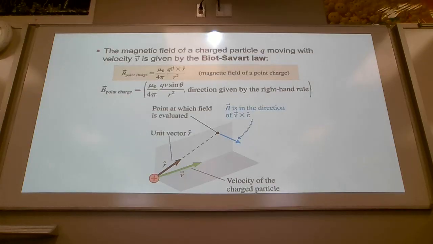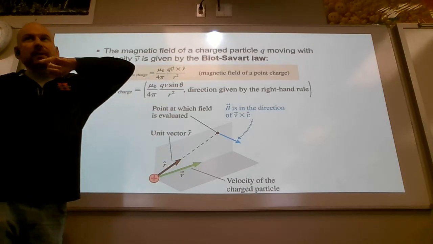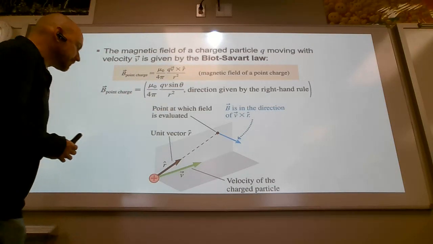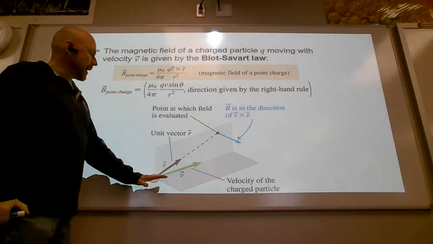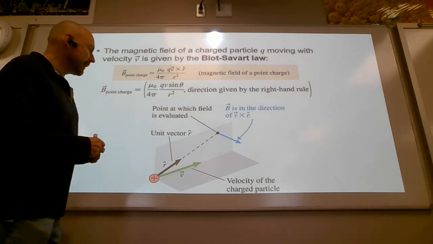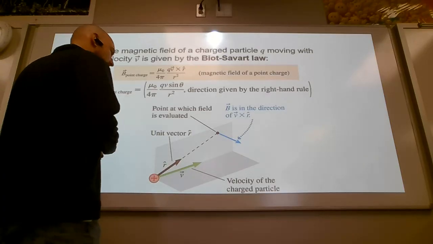So it's a cross product. We're looking for the component that is perpendicular. Here we're looking at the velocity and the component that is perpendicular.